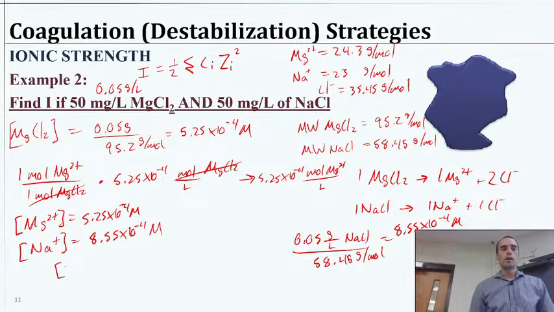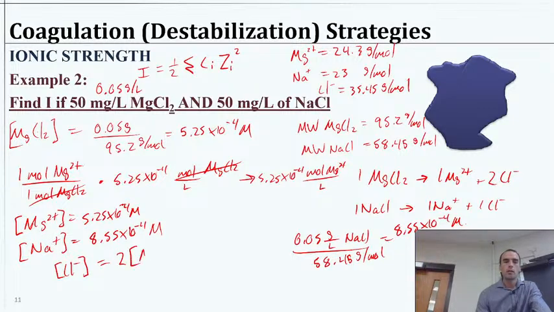And last, not least, Cl minus, we have two different things going into it, right? So this is the one complication I wanted to highlight to make sure you're building your confidence with chemistry so that we can do stuff like this. So the Cl- here would be the contribution from both, right? So we would have 2 times the magnesium chloride concentration, because we get 2 moles of that per 1 mole of this.